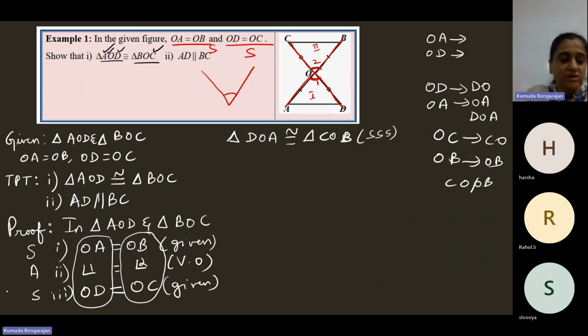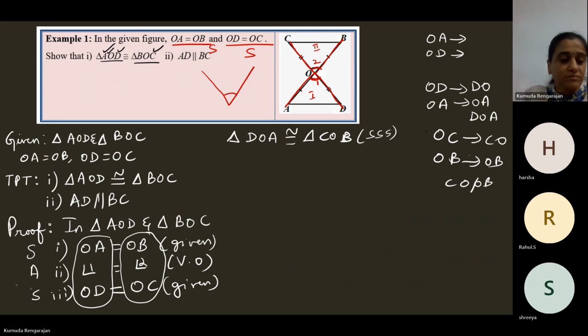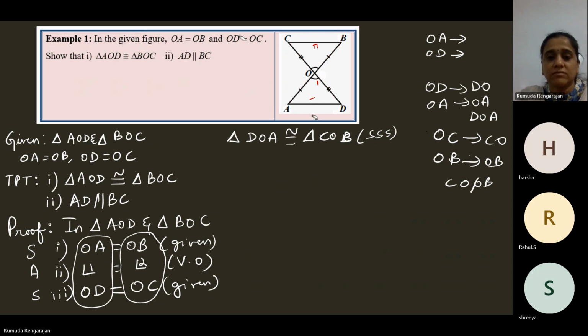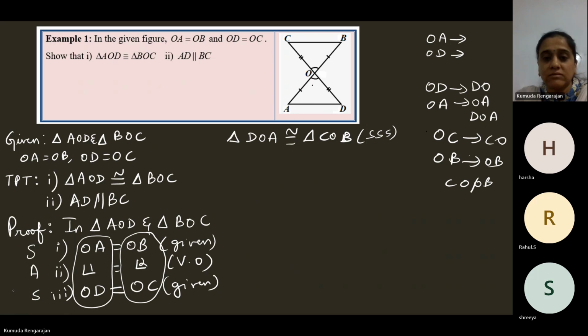So you can see, compare the two. Okay. Now compare the two. DOA. See here? Sorry, COB.